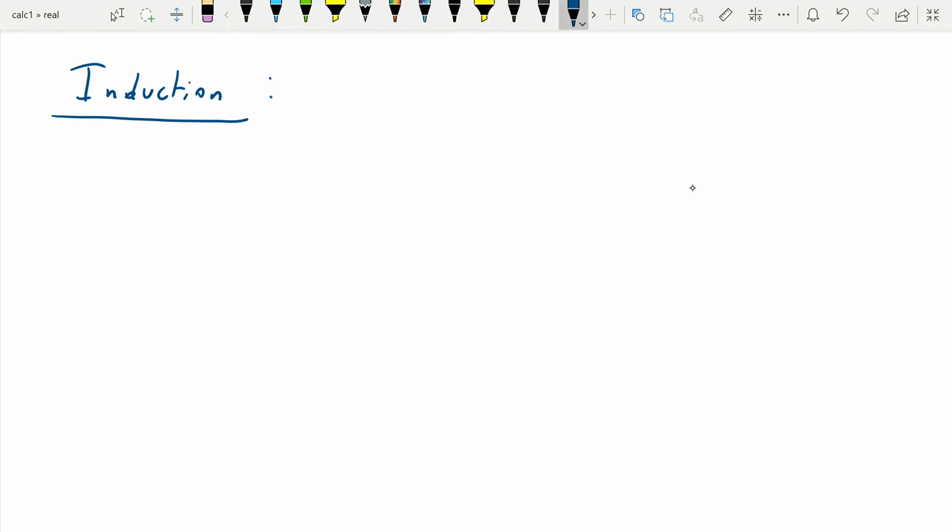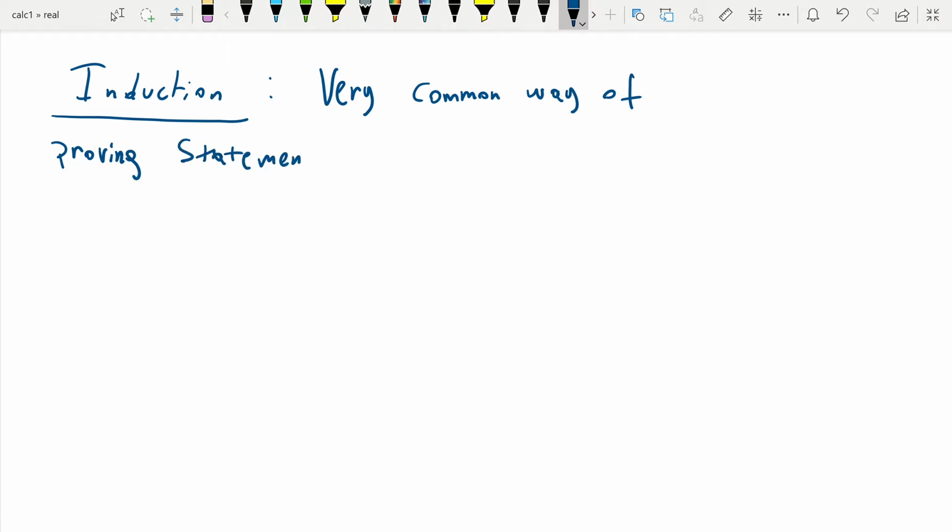This is a very common way of proving statements involving the natural numbers.